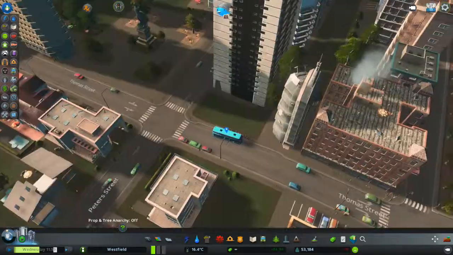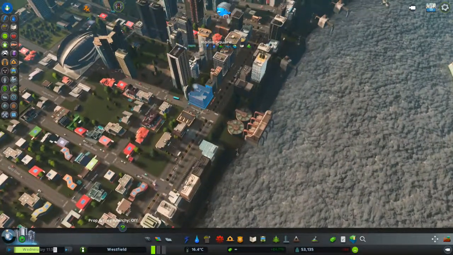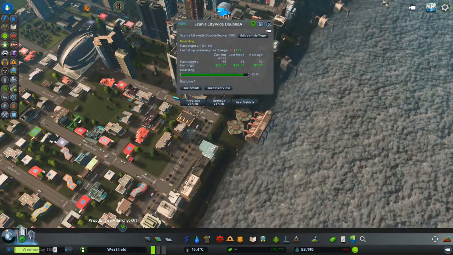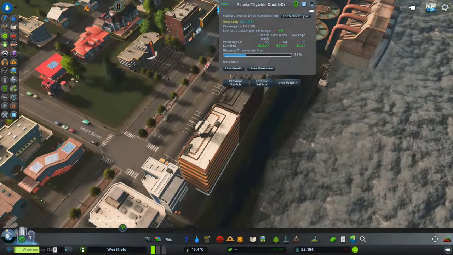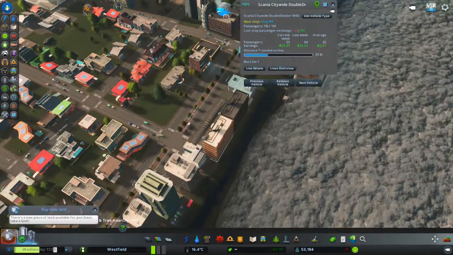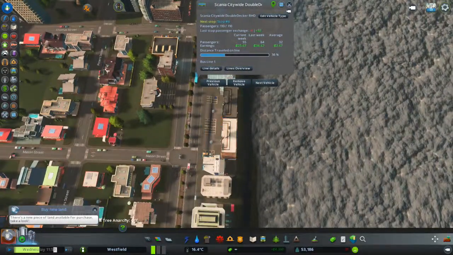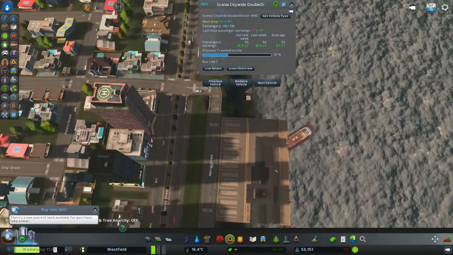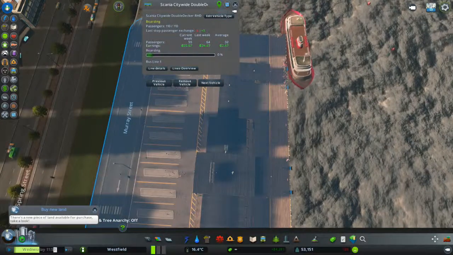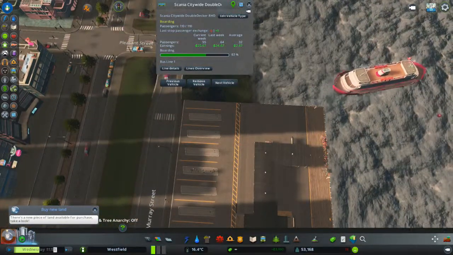Looking good. Okay, that bus is going to come down. Now I want to see what happens when it gets to the bus station, which is here. Let's see how many passengers it drops off.